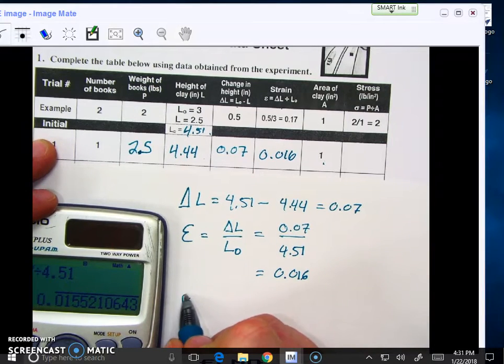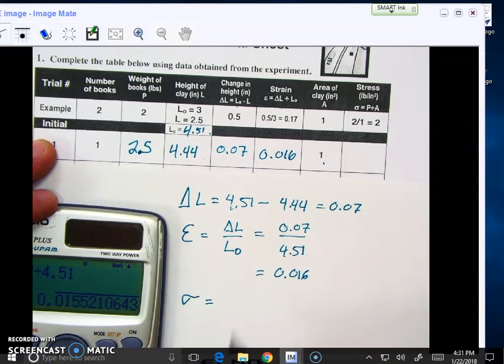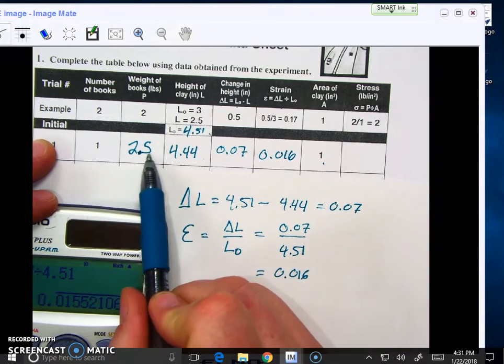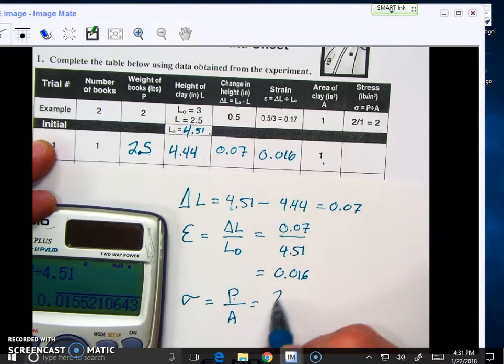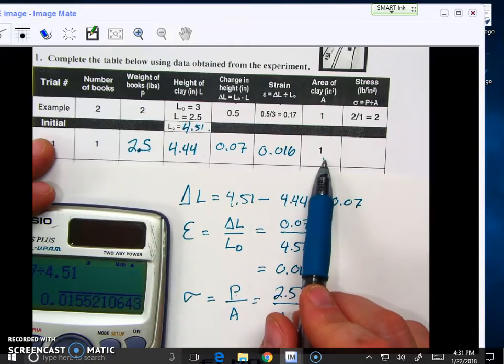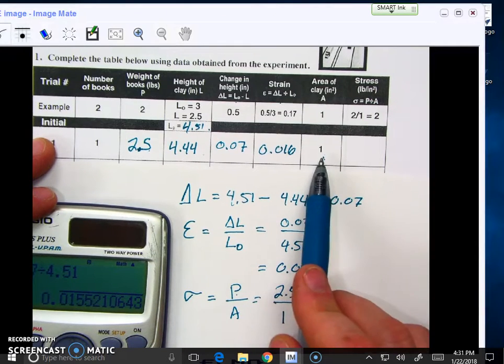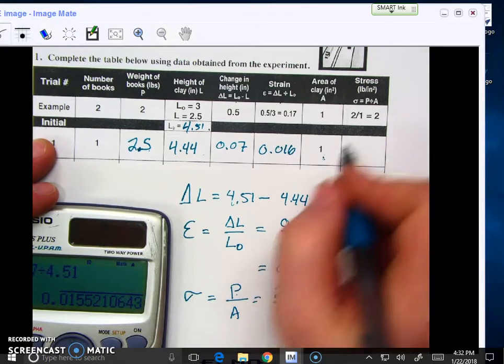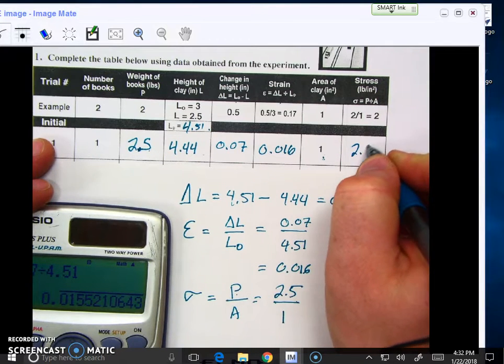And so the equation for stress is sigma equals the force, the weight, in this case I'm using P for pounds, divided by the area. Well, the force here is 2.5 pounds, divided by 1 square inch, and you don't even need to plug that in your calculator, which is why we suggested using a cross-sectional area of 1. It makes this calculation super easy, so that's 2.5.